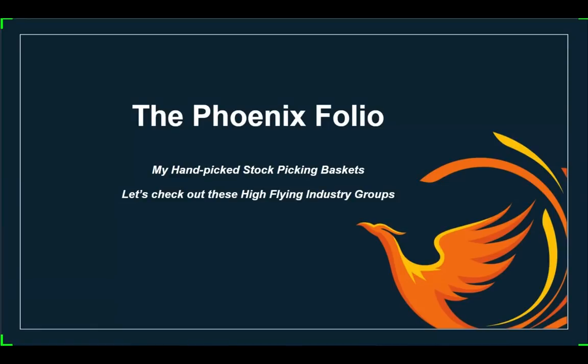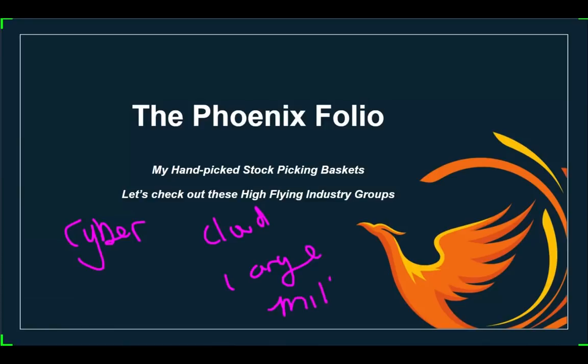My Phoenix Folio is a basket of hand-picked stock lists. I have a bunch of different lists, which I'll get to in a minute: some cybersecurity lists, cloud computing lists, large caps, up and coming new hot stocks, and a millennials list.